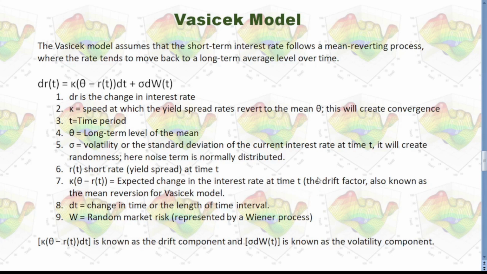So this is the drift factor. And dt is the change in time. And W is the random market risk. It is represented by a Wiener process. So the first item is known as the drift component, and the second item is known as the volatility component.